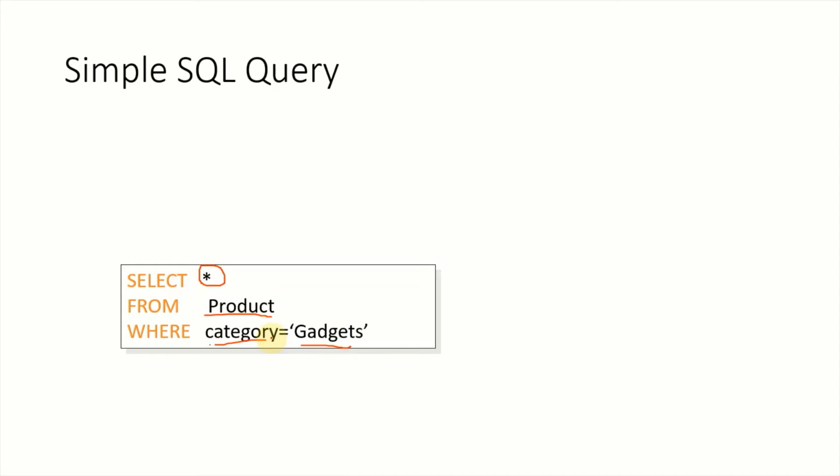So if we need to get the gadgets from product, then we must type this query. We will get all the attributes for all those items where category is equal to gadgets in the product table. We will practice this a bit later.